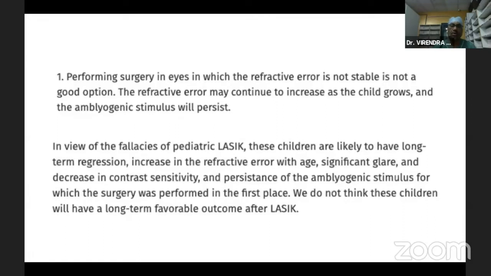Nobody is sure about the long-term favorable outcome of LASIK at an early age. And one important thing, as I said, is that we still don't know in whom keratoconus will develop at an early age. So that is another issue. The second issue is that when we do some surgery and there is still a significant amount of refractive error left over, we can't do a second surgery in these patients so often.